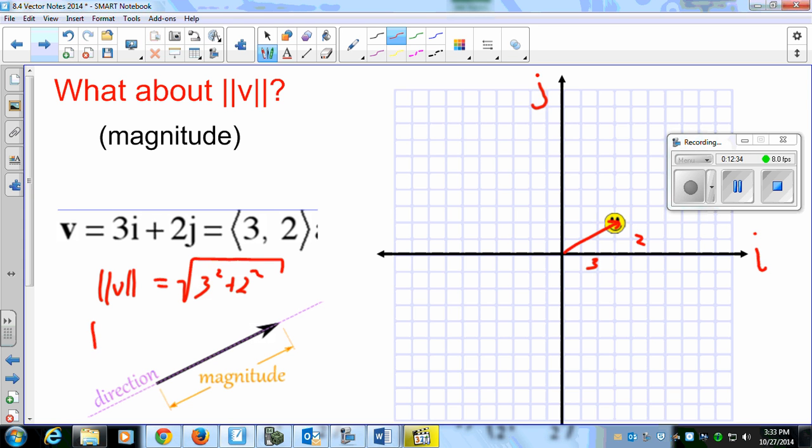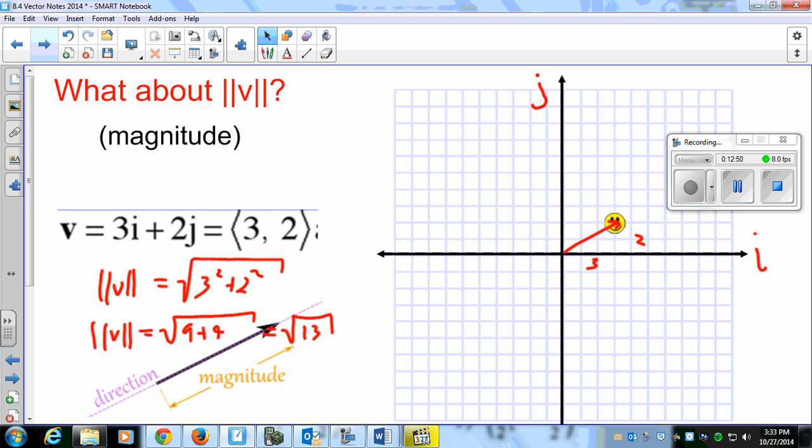Then we get the magnitude of v is equal to the square root of 9 plus 4, which is equal to the square root of 13. We'll just leave it as that. Again, very similar to finding magnitude of complex numbers and absolute values, using our Pythagorean theorem.